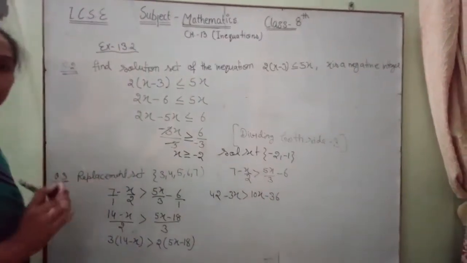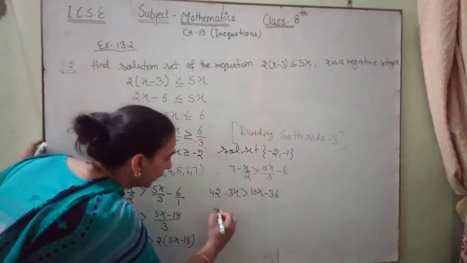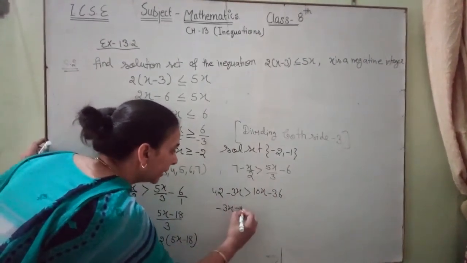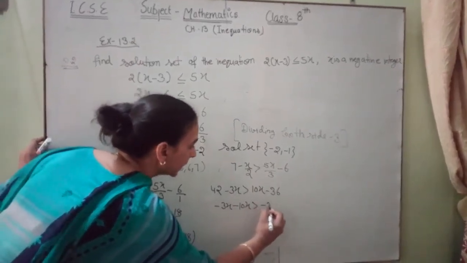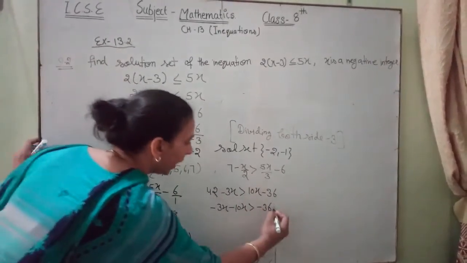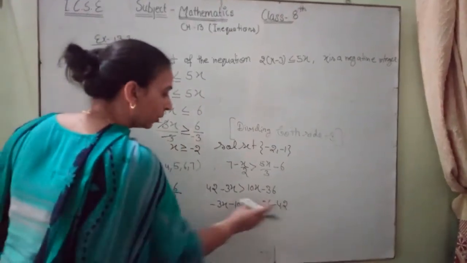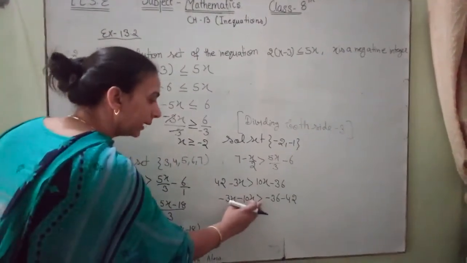We take the x term on one side and the other term on the other side: minus 3x as it is, 10x, then minus 10x, sign as it is, minus 36, then minus 42. Okay student, if we subtract or add, then there is no change in the inequality, the inequality stays as it is.